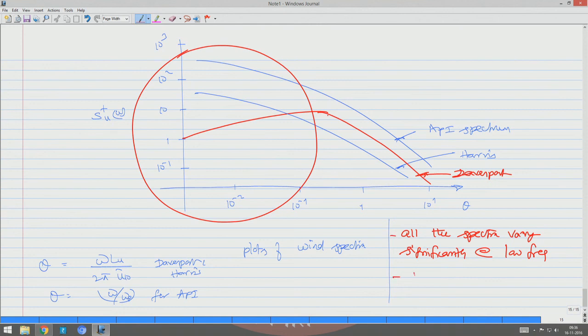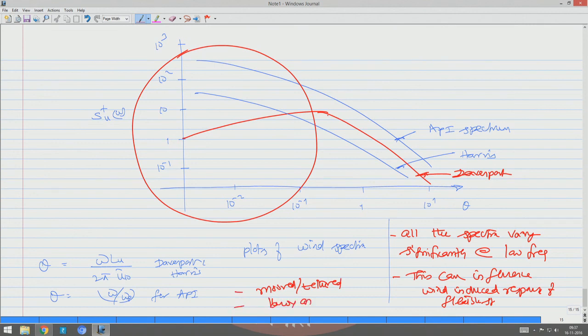So, this can influence the wind induced response of flexible structures. Essentially, when the structure is moored or tethered, which derives strength from buoyancy, those structures can be very critically affected.